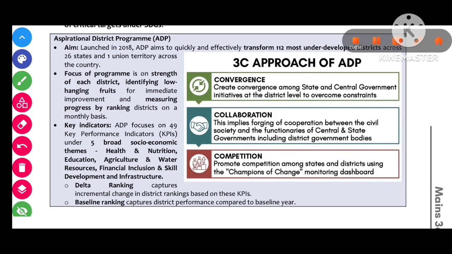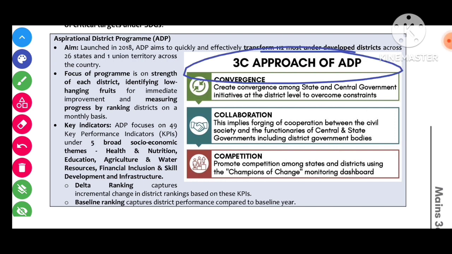So these are the overview related to the aspirational block program. Okay, and 3D approach of the aspirational district program, such as convergence, collaboration, competition. So you can remember this.